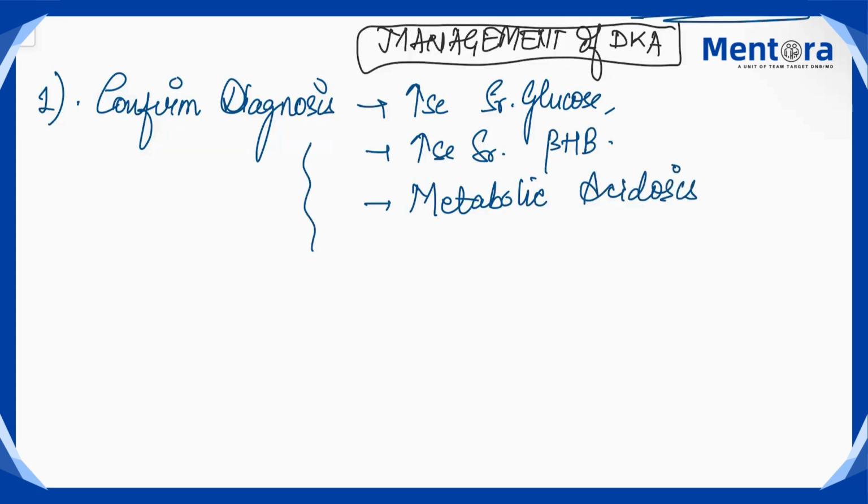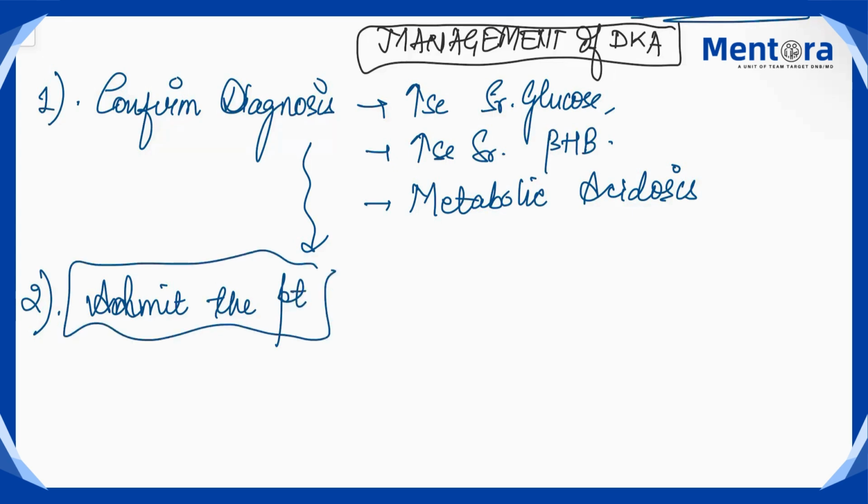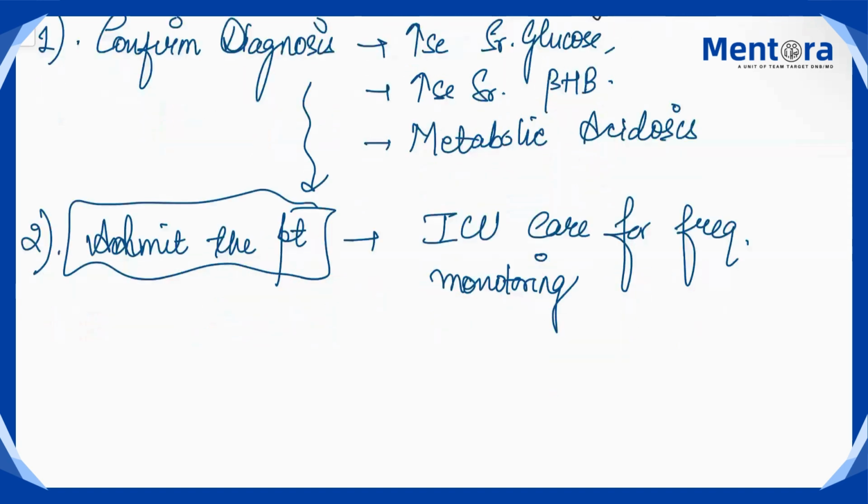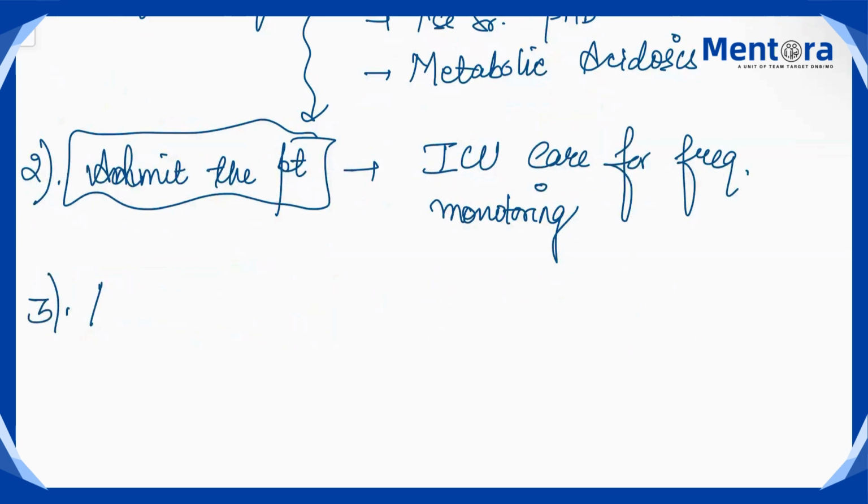Okay. Once the diagnosis is confirmed, we will admit the patient. If possible, admit the patient in ICU for proper monitoring. After admitting the patient, you have to assess the patient.